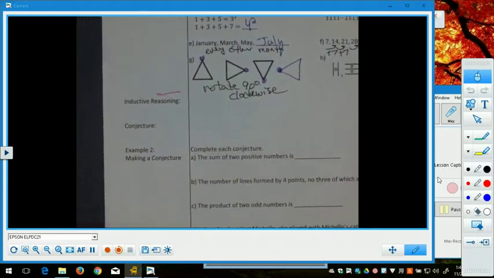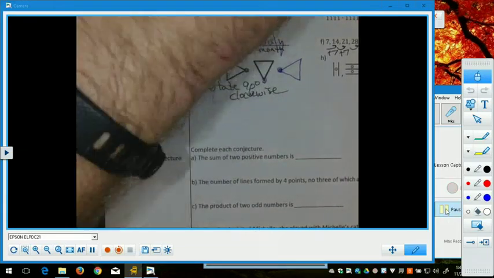Inductive reasoning. Got to put our star down.